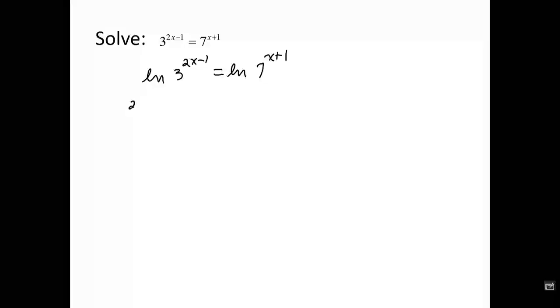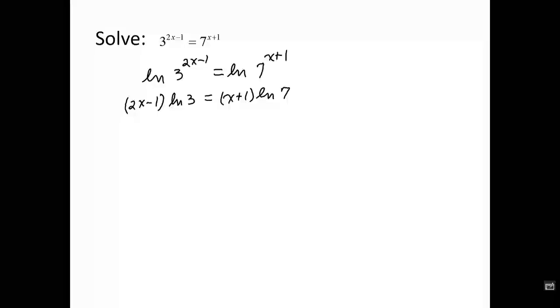So we have 2x minus 1 times the natural log of 3 is equal to x plus 1 times the natural log of 7.